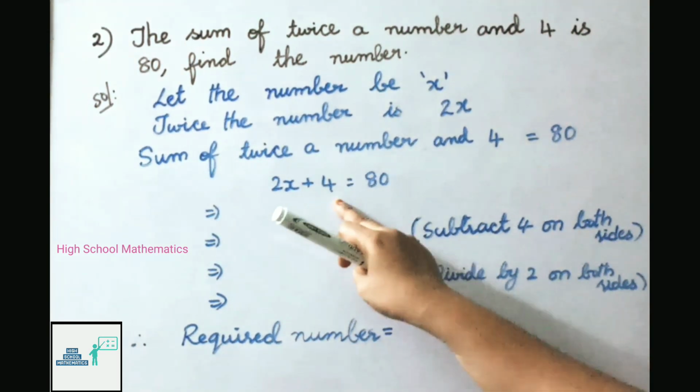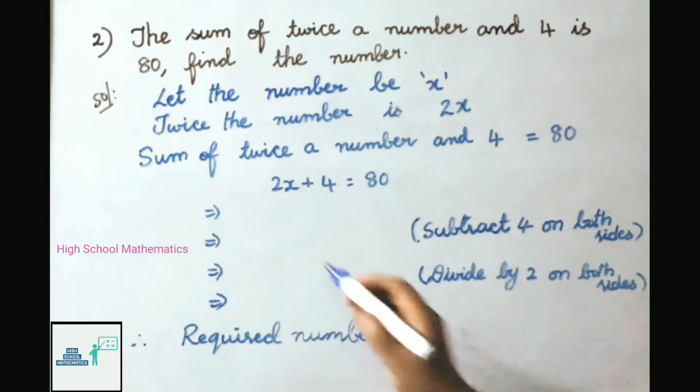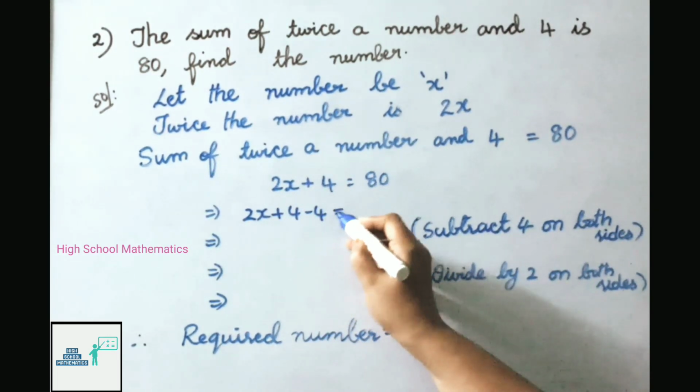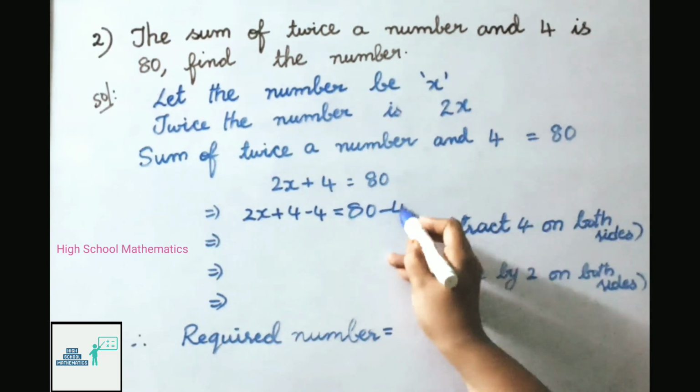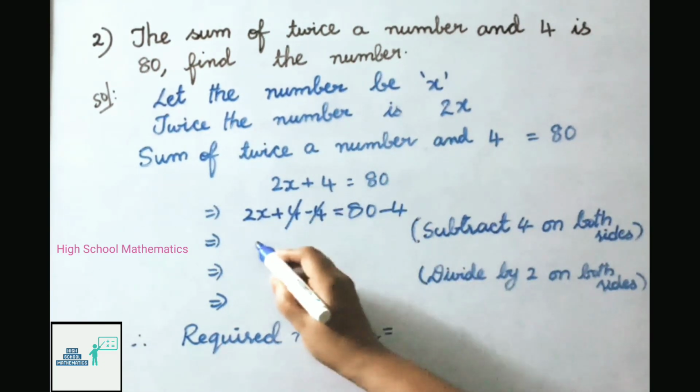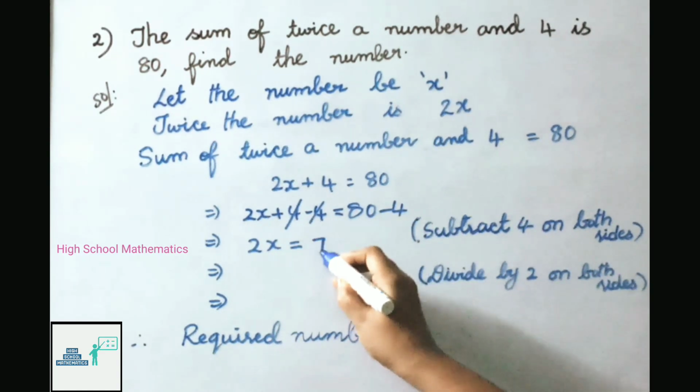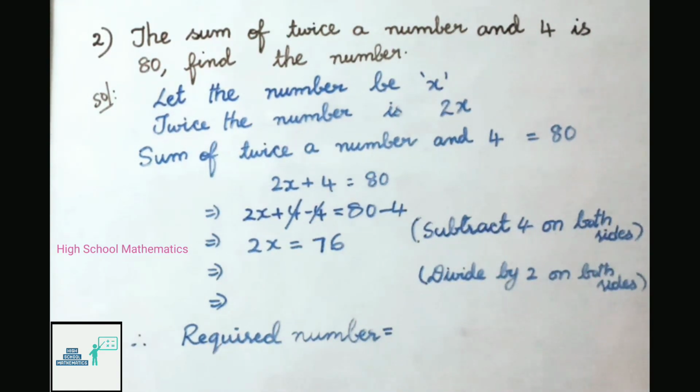So let us subtract 4 on both sides. Write down 2x plus 4 minus 4 equals 80 minus 4. Plus 4 minus 4 cancel. Write down 2x equals 80 minus 4, 76. Now let us divide 2 on both sides.